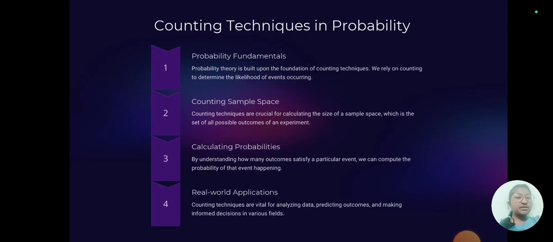Counting sample space: counting techniques are crucial for calculating the size of the sample space, which is the set of all possible outcomes of the experiment. Calculating probabilities: by understanding how many outcomes satisfy a particular event, we can compute the probability of the event happening.